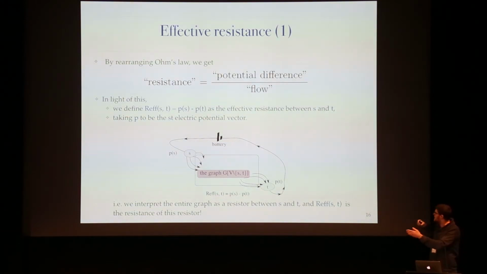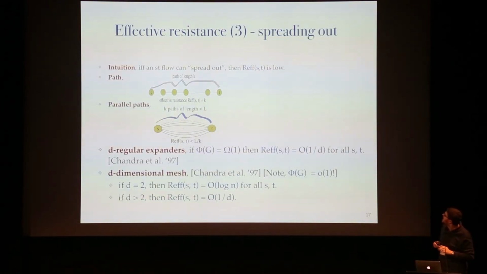This is just the resistance of the graph between S and T. I'm just interpreting the entire graph as a very big resistor. And the intuition we have here is that the more an S-T flow can spread out, the smaller the effective resistance is. By spreading out, I just mean it's uniformly small over the edges, so almost every edge sends a very small flow.